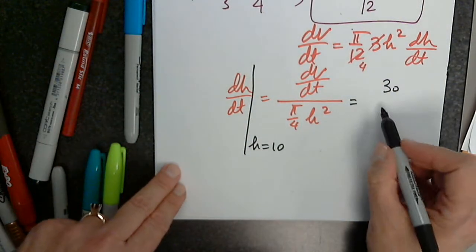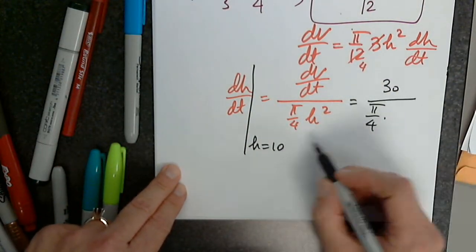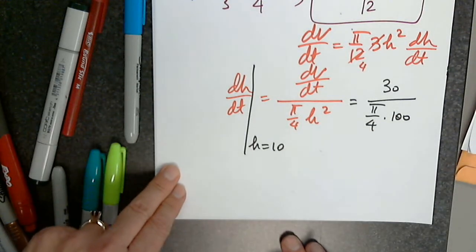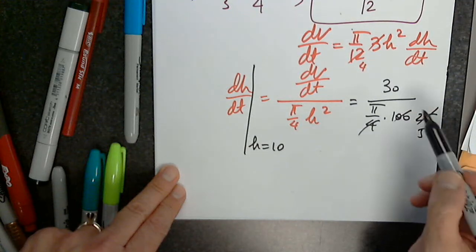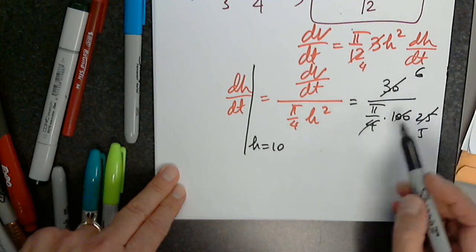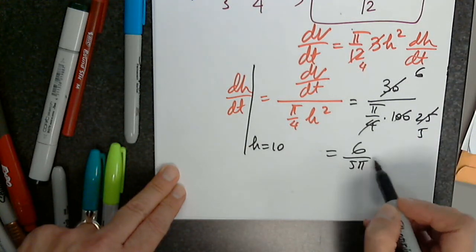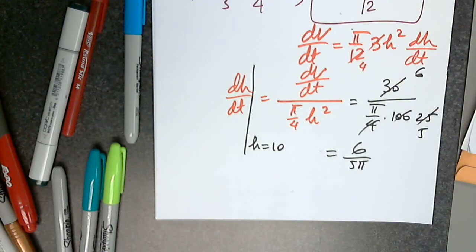Okay, fine. So pi divided by 4 times 100. I'll simplify, and then I'll simplify again. And 6. So I have 6 over 5 pi. I will definitely approximate. Just making sure I simplify by 5. Yes, correct.